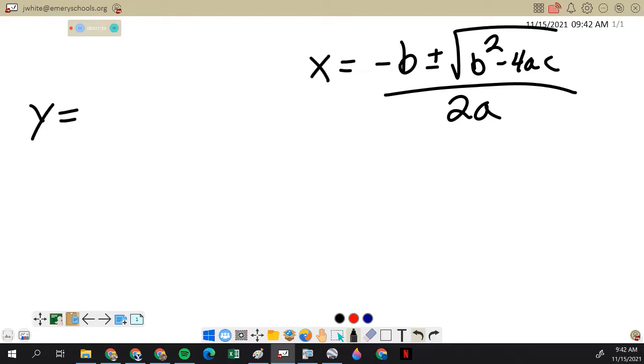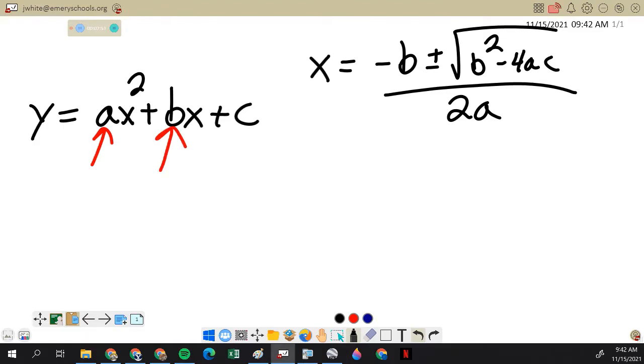Well, if I had a quadratic equation that looked like this, ax squared plus bx plus c, and it has to be in this order. A has to be the x squared term, b has to be the x term, and c has to be the constant.